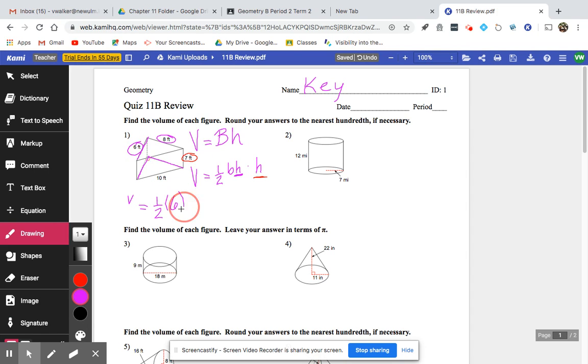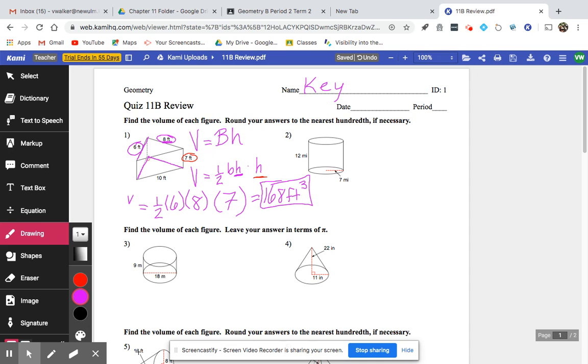So we got 6 times the first height, which is right here once again, that 8, times the height of the prism, which is 7. So 1/2 times 6 times 8 times 7. Multiply all of that together, you get 168 feet cubed, because this is volume and not area.